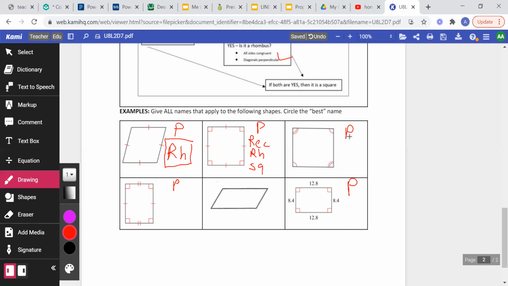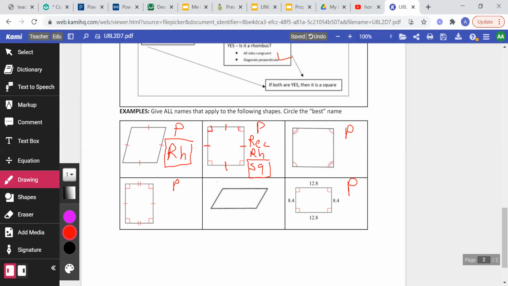So this figure has four names. It's a parallelogram, it's a rectangle, it's a rhombus, and it's also a square. But the most specific one we can give to this is just a square. Even though it can be a rhombus, because in a rhombus all sides are congruent, and here we can see this side equals this, equals this, equals this. All angles are congruent to show that it's a rectangle.